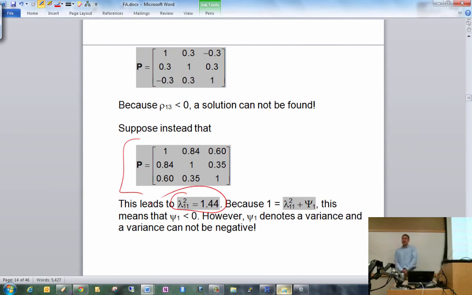But remember, the variance of Z1 is 1, so set that equal to 1.44 plus psi 1. Psi 1 is a variance. Can that variance ever be negative?